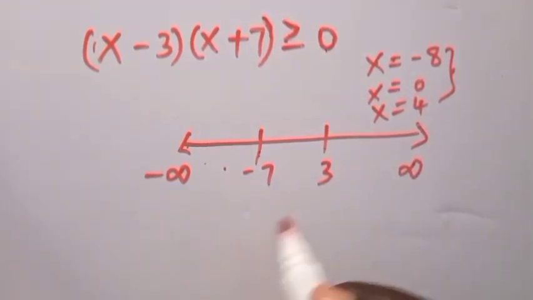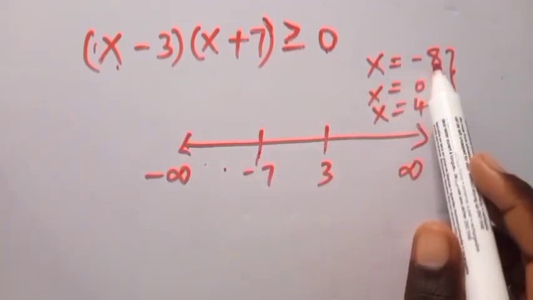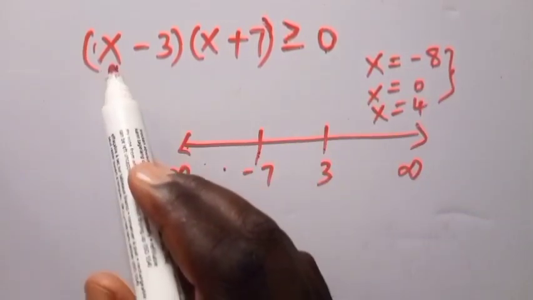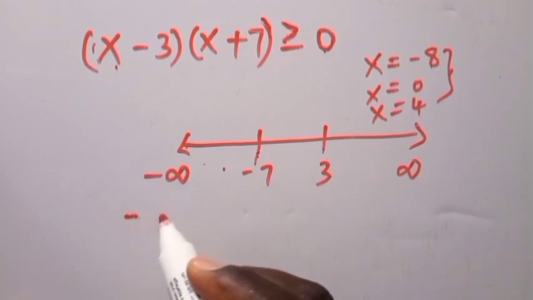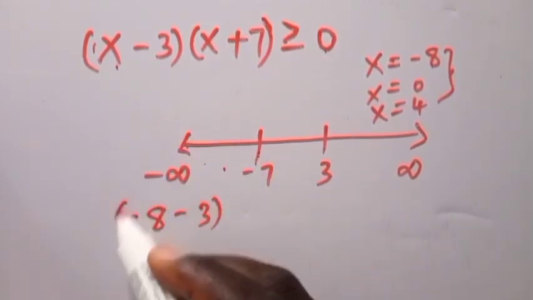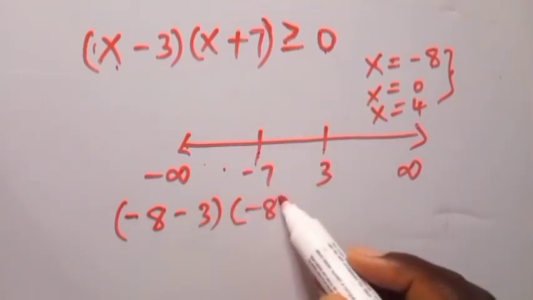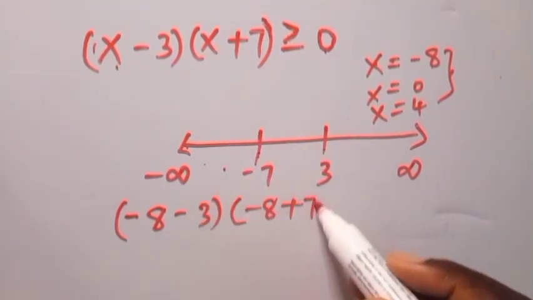Now, let us substitute x with -8. So we shall have (-8 - 3), then (-8 + 7).